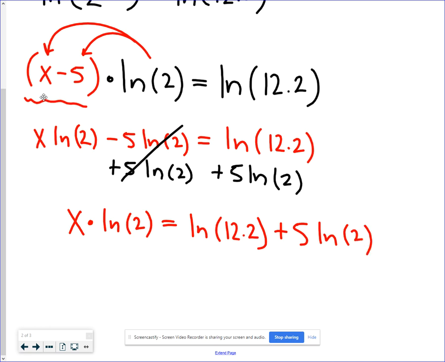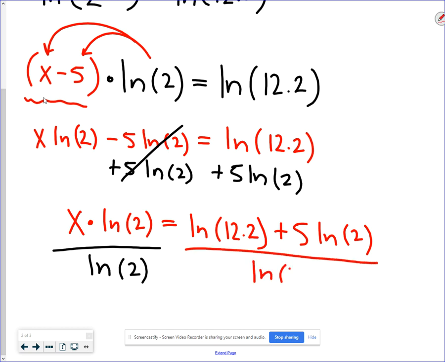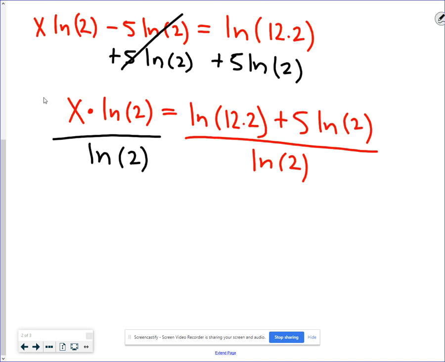And then last, we're going to divide both sides by the natural log of 2. And what happens is this cancels out. So this is your answer.